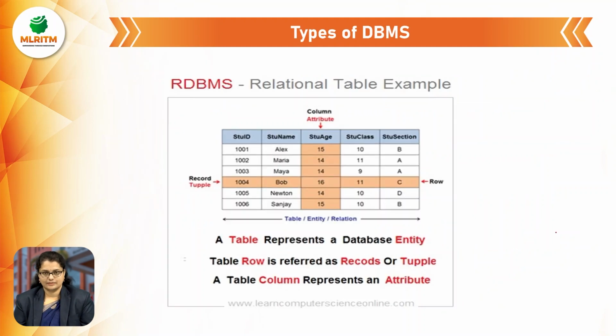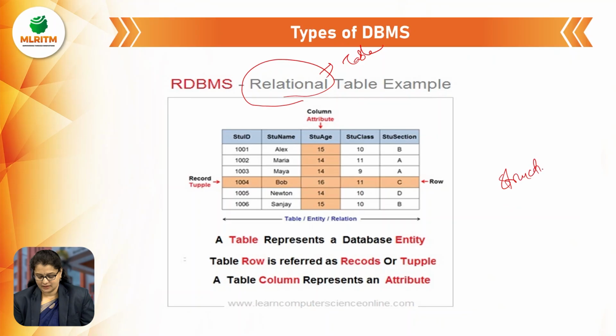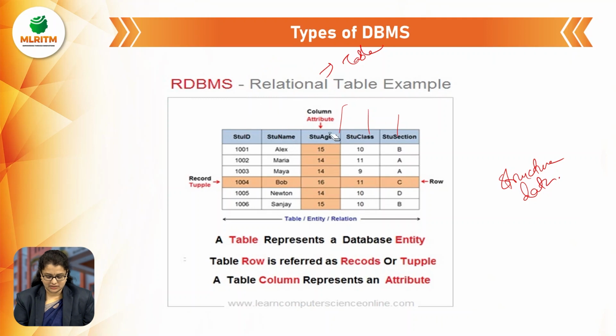Look here, this is an example of an RDBMS, the relational database management system. The relation is nothing but the table. So the entire data we are storing in terms of a table. We can also call this structured data. In this particular table, these are the rows and these are the columns. Horizontally, those are the rows, and vertically, those are the columns.